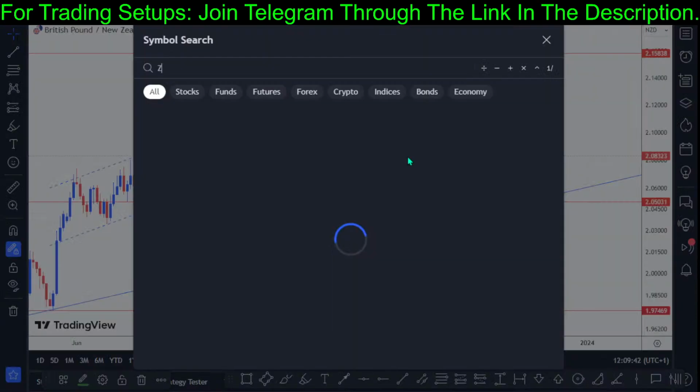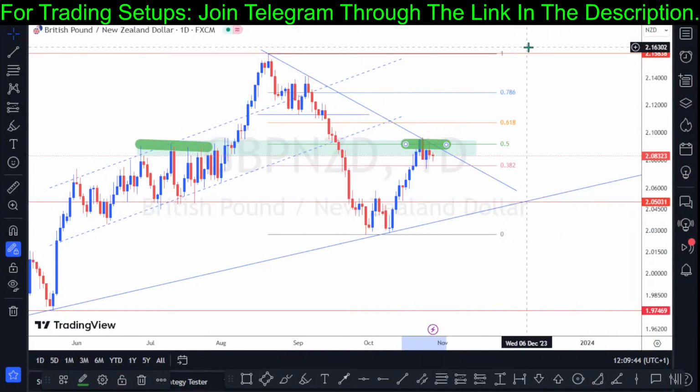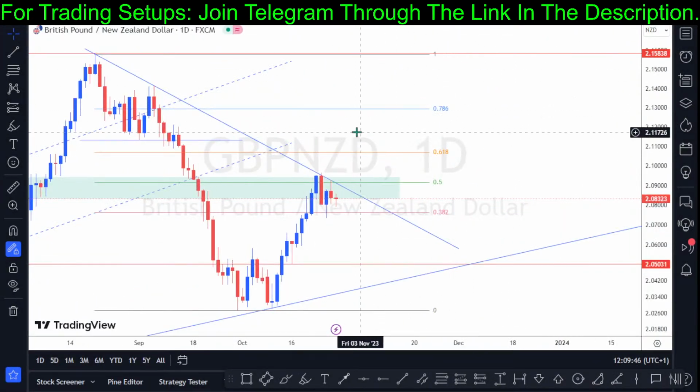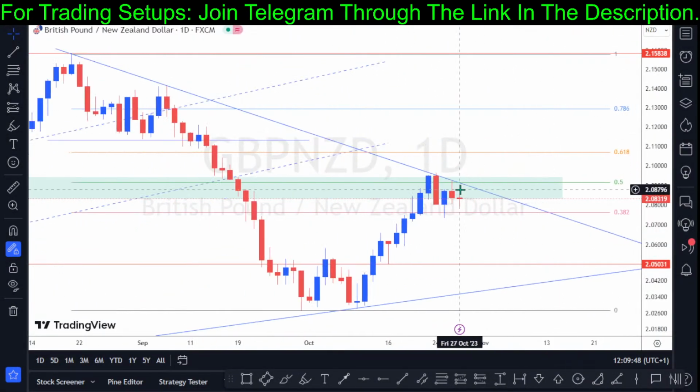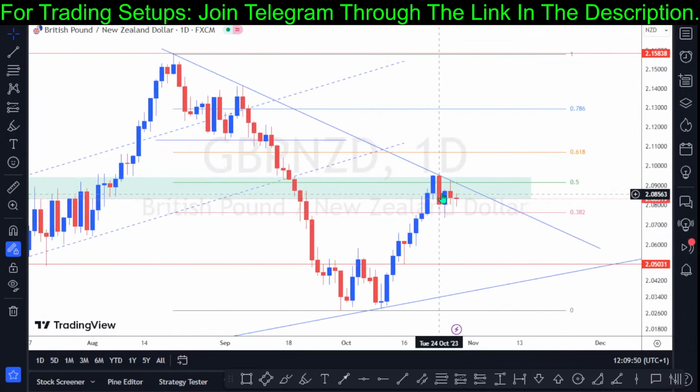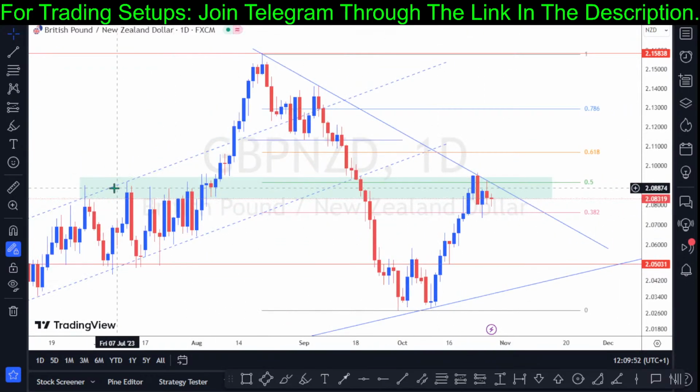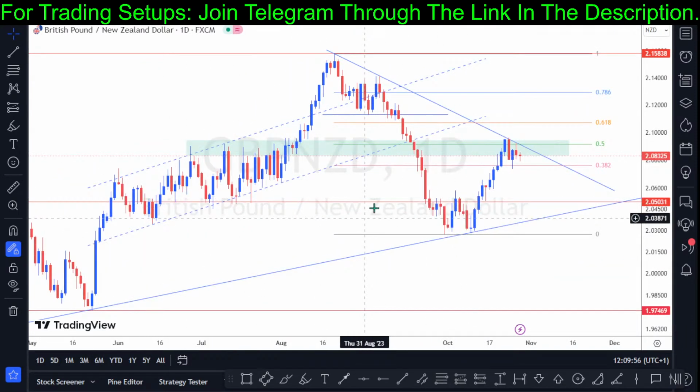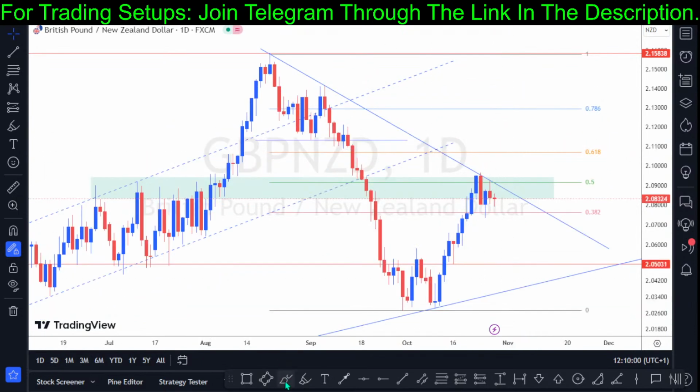And then let's zoom in on the price chart. Zooming in, we can see there is a bearish engulfing candlestick at this exact level. You can see the bearish engulfing candlestick at this medium.